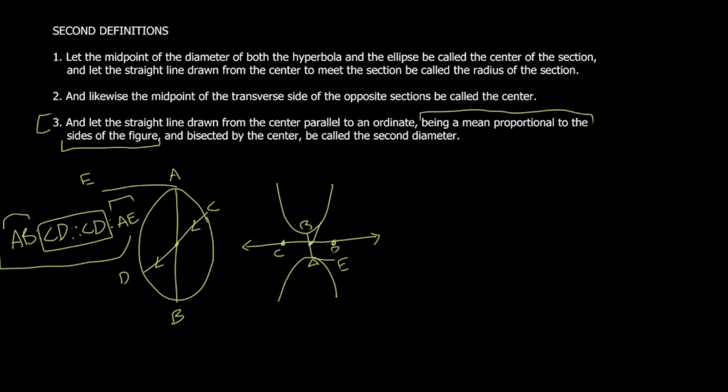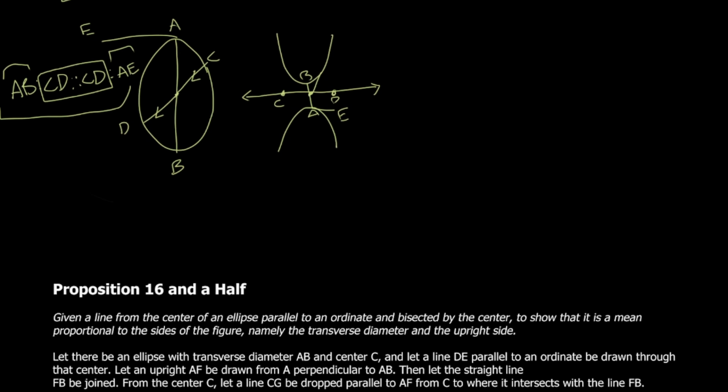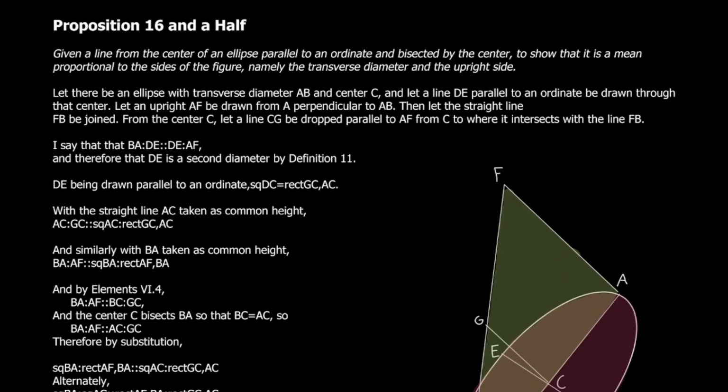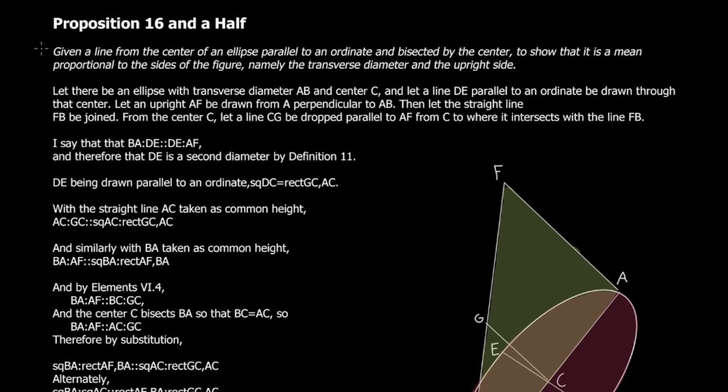I wrote up sort of a fanfiction proposition, and I thought it would be fun for this video to just read through it. So anyway, I call it Proposition 16.5.